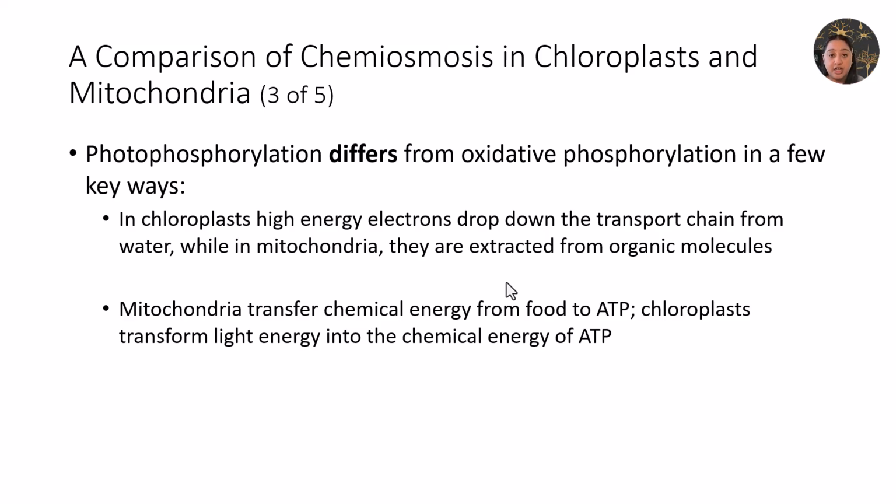And then in mitochondria, they transfer chemical energy from food to ATP. And chloroplasts transfer light energy into the chemical energy of ATP. So mitochondria is just transferring chemical energy, but chloroplasts are making chemical energy from something totally different, from light energy.